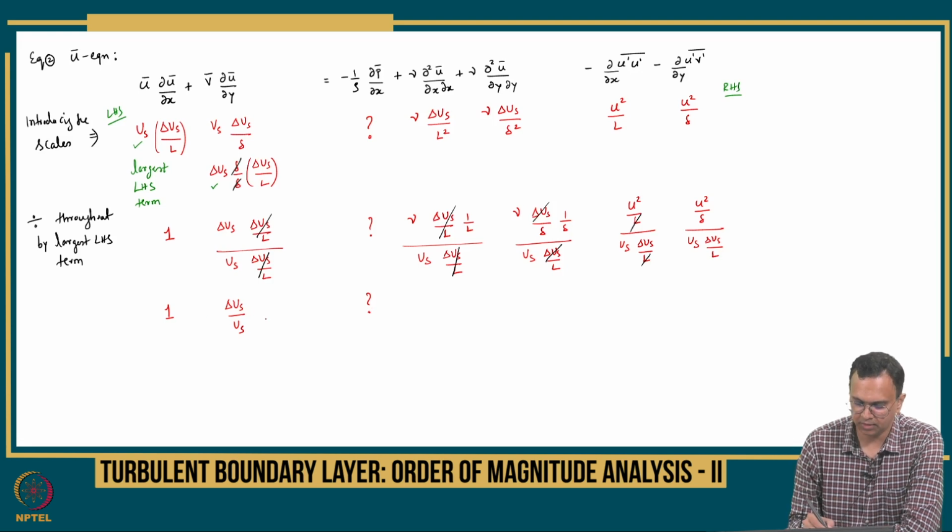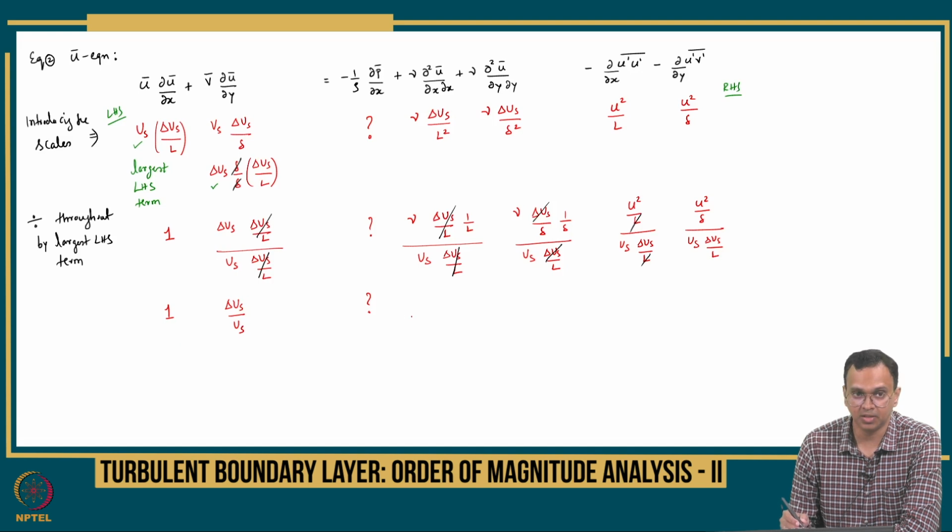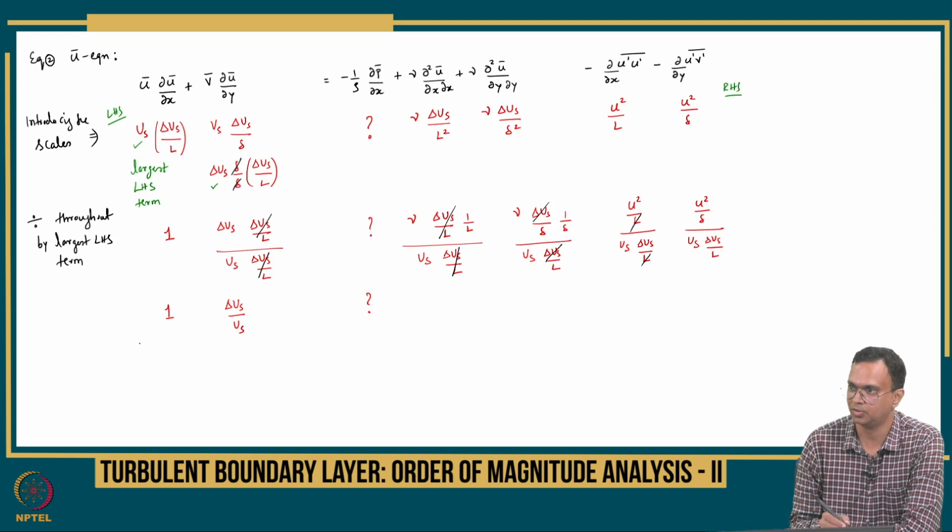The second term on the left hand side, we already know that this cannot balance the first term because it's already an order of magnitude smaller. So this term cannot balance anything on this. So some term on the right hand side must only balance this particular term. So some term on the right hand side must be of the order of magnitude 1 to balance this.